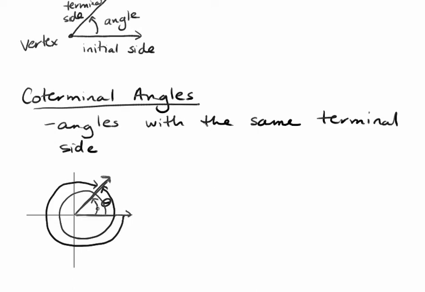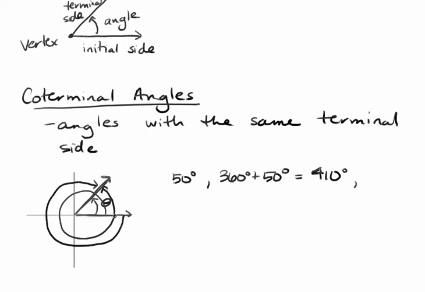So for example, if that initial angle was, say, 50 degrees, going around once is 360 degrees, plus the 50 degrees, so a coterminal angle would be 360 degrees plus 50 degrees, that would be 410 degrees, which is a coterminal angle to 50 degrees.